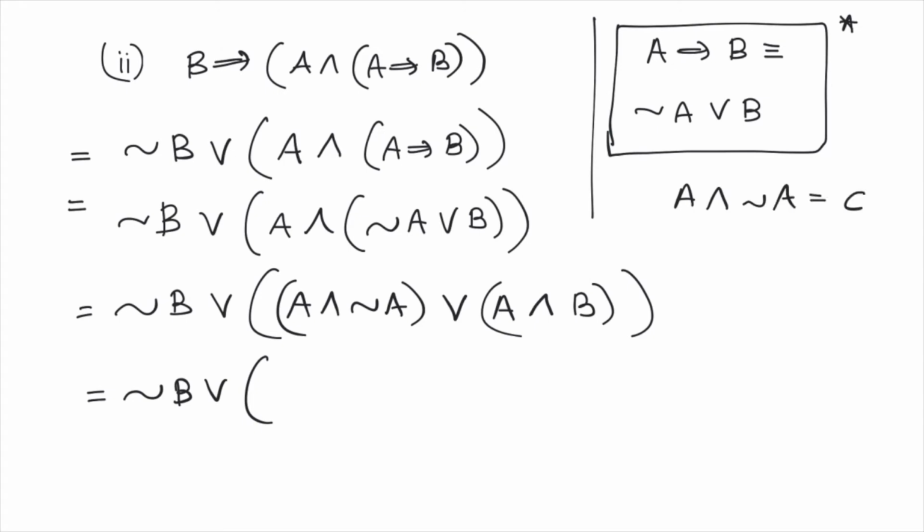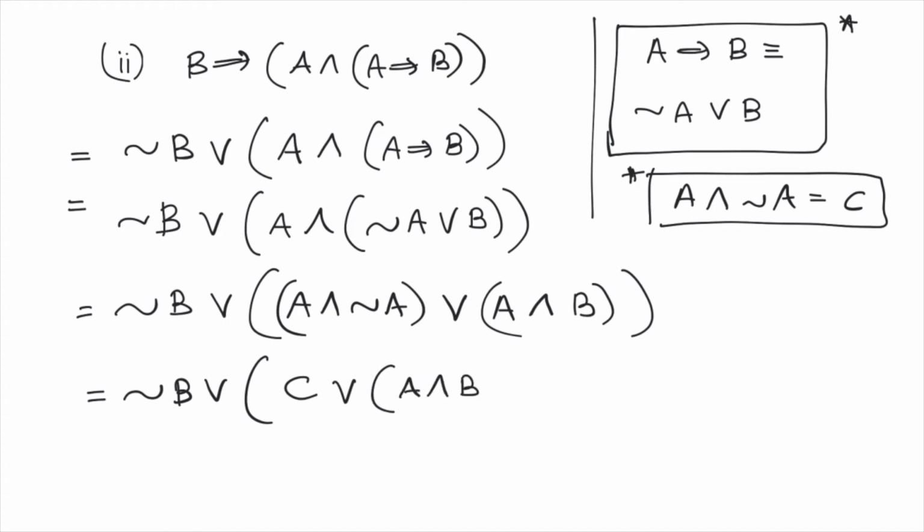This is what we call negation law. So A and negation A is going to be a contradiction. It is always false. So C or A and B.